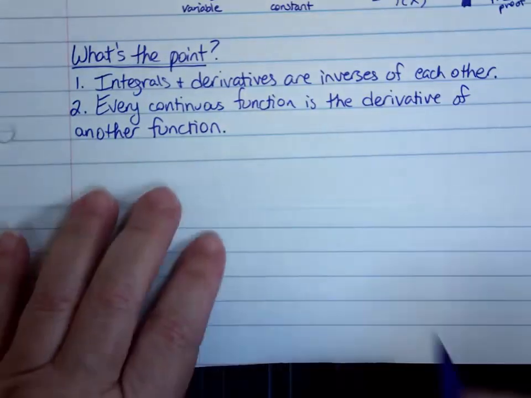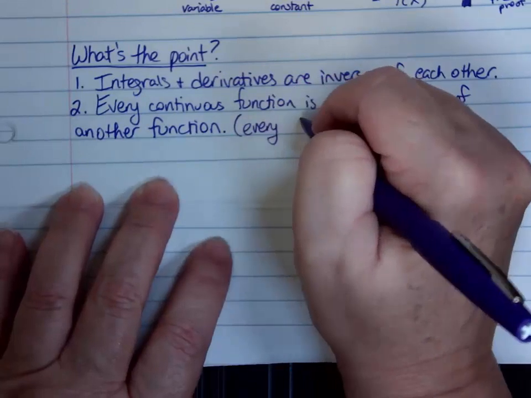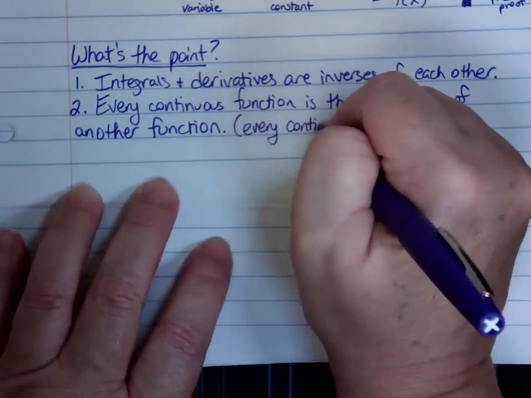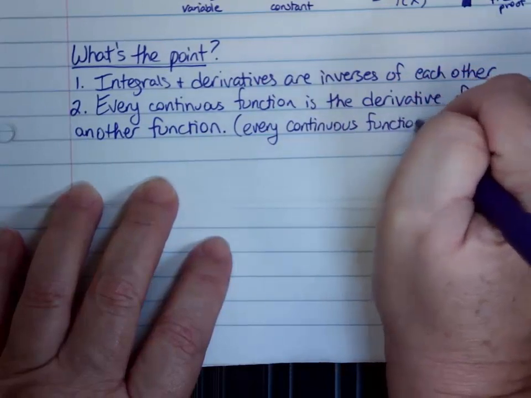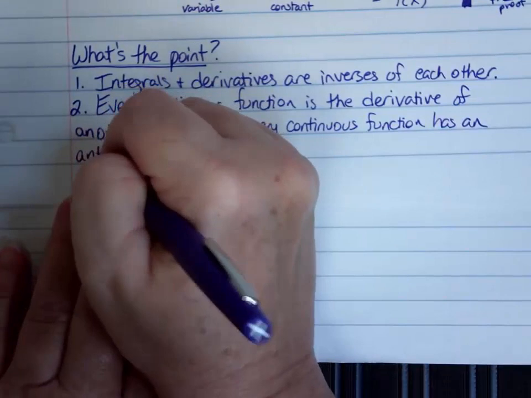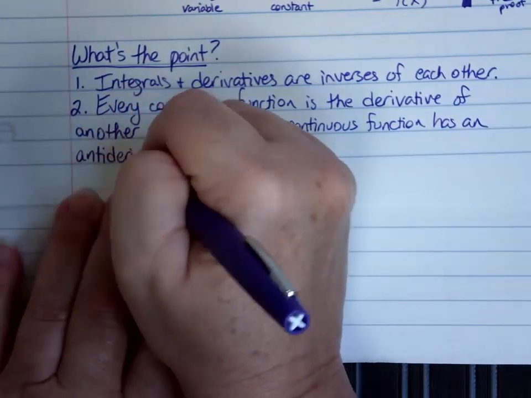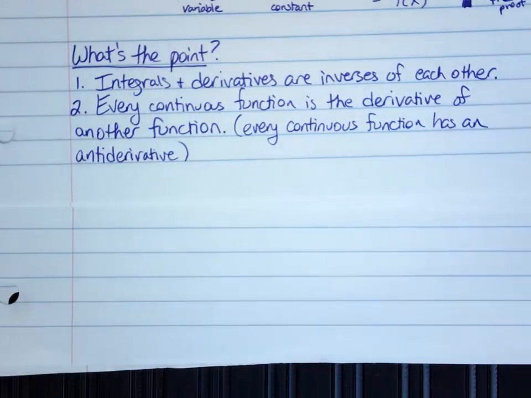And that means that every continuous function has an antiderivative. Pretty much every continuous function has a derivative, and every continuous function also has an antiderivative. So you can go both ways.